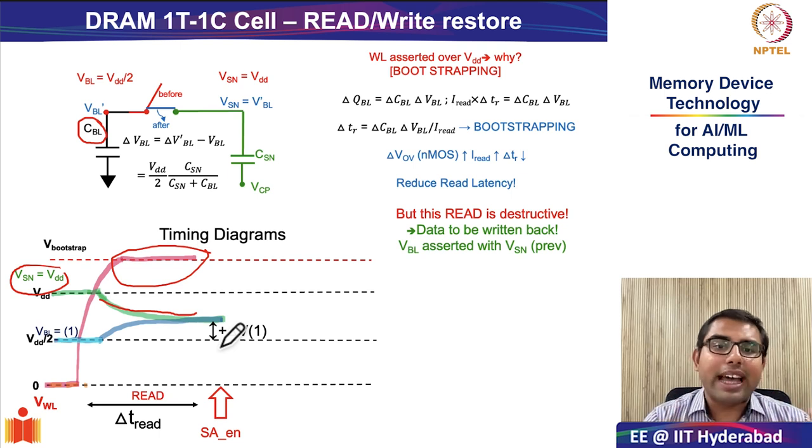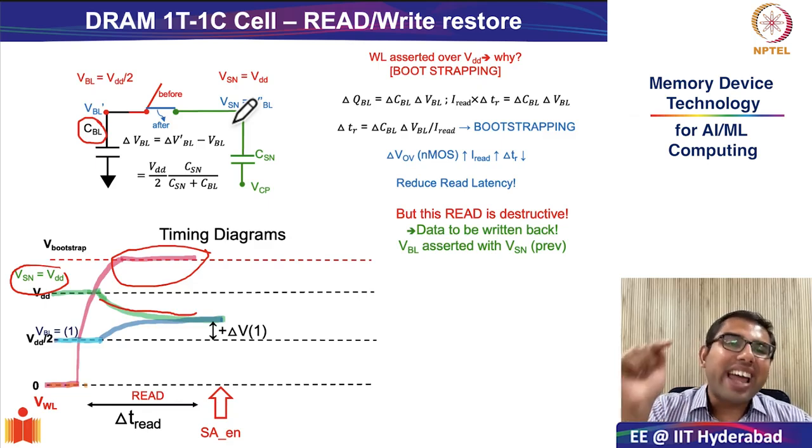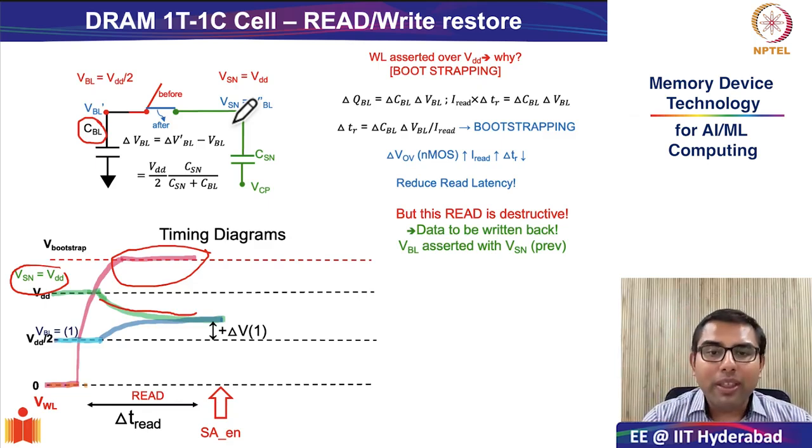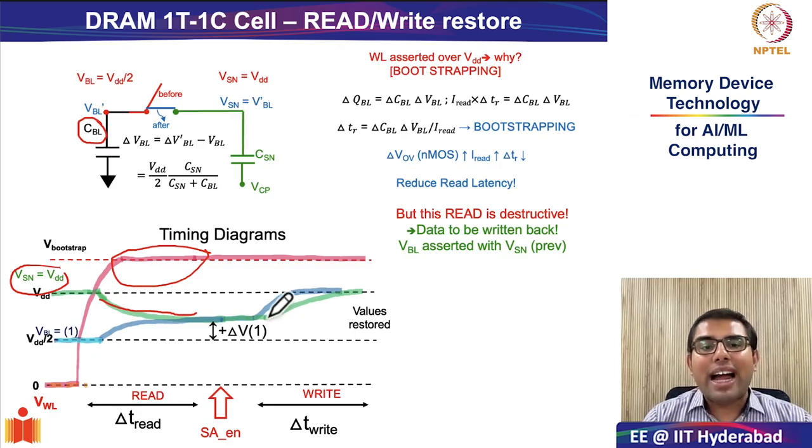So you have an idea now from the sense amplifier what was the original value of the storage node. Now that same original value is again asserted back on the bit line.